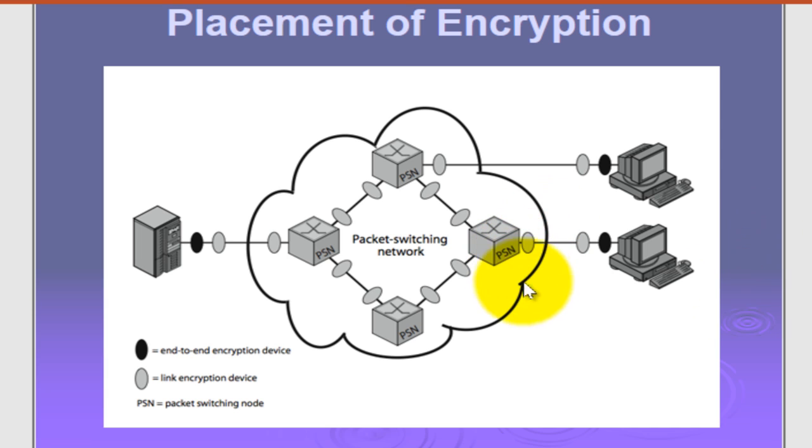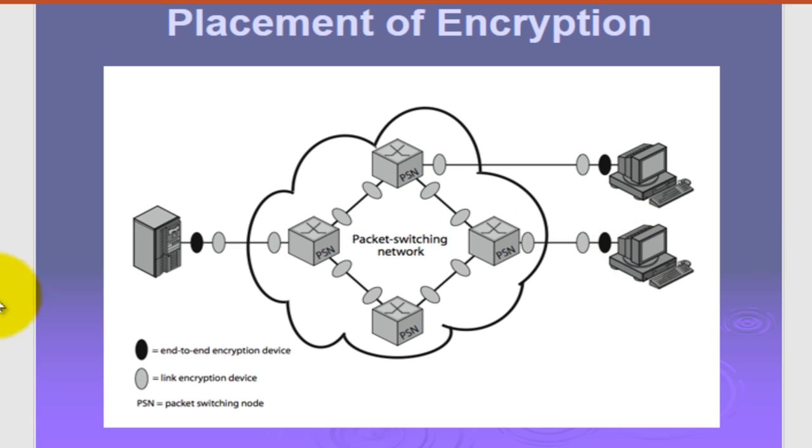In this way, if you place link encryption, your packet headers are also saved, and you can protect from traffic analysis also. If you place only link encryption, you can control traffic analysis.